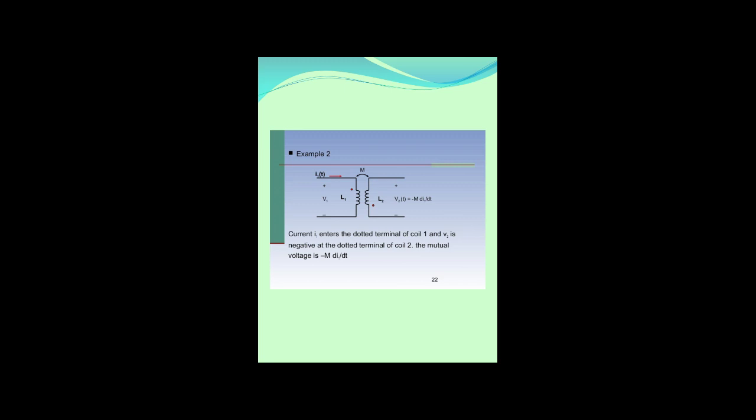And if the coils are in opposite polarity, meaning in coil 1 current is entering and in coil 2 current is leaving, then the mutual induced EMF in coil 1 is M di upon dt and the mutual induced EMF in coil 2 is minus M di upon dt.